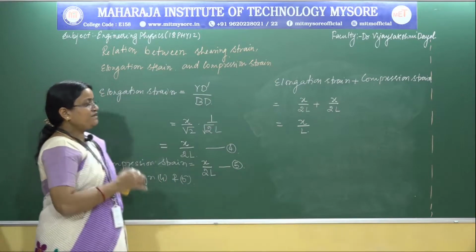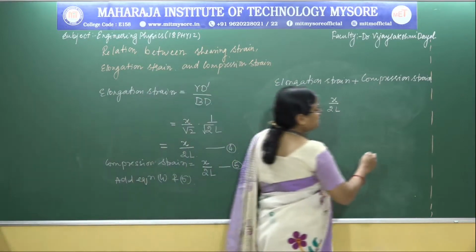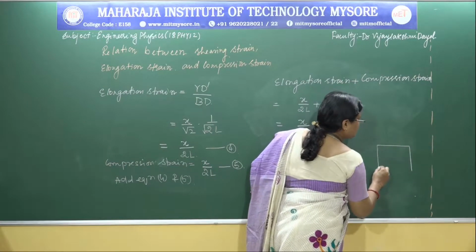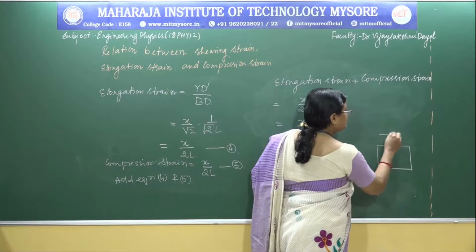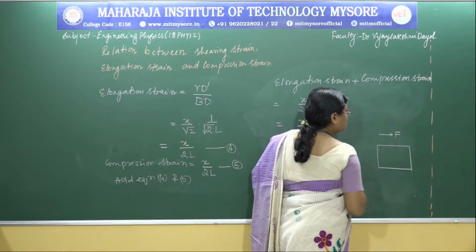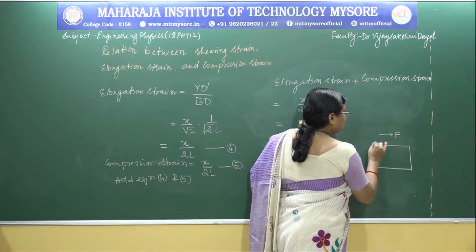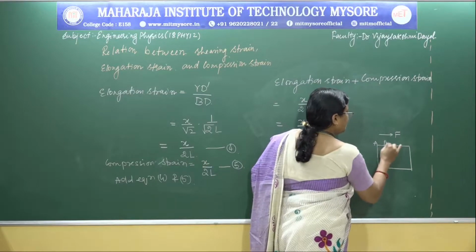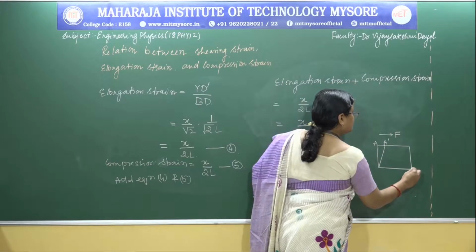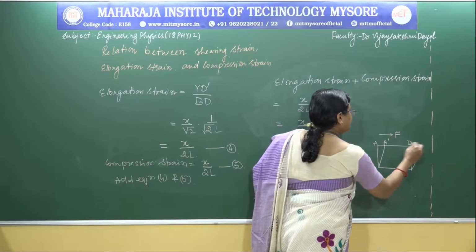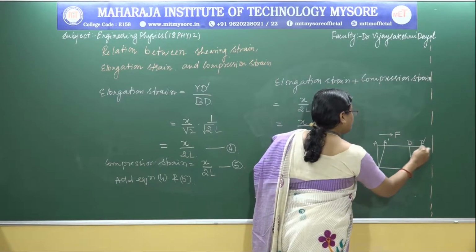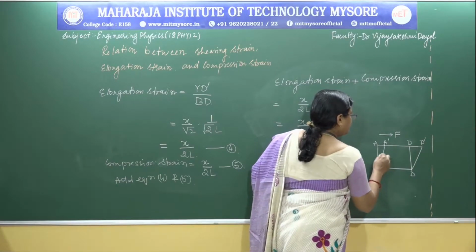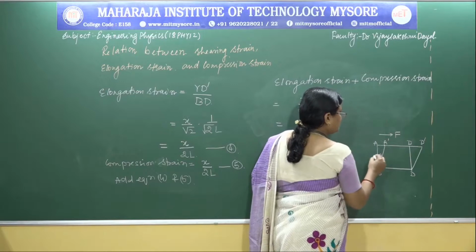Now from the previous explanation of rigidity modulus, I had explained earlier that if we apply the force on the upper surface of the cube, then the position changes from A to A dash and D to D dash by an angle theta.